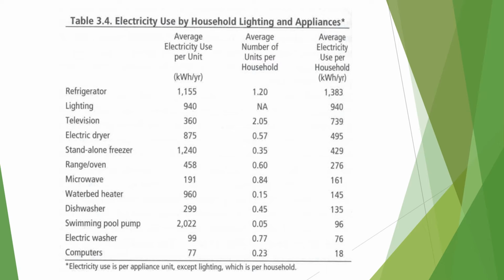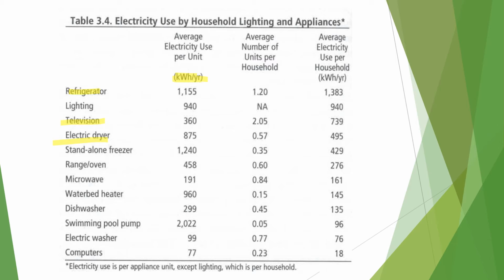Okay, so this is just a table here, guys, showing electricity use by households, with different lighting and appliances. You'll see in the first column it says average electricity use per unit. So we have refrigerator, television, dryer. That's giving you how much electricity use in kilowatt hours per year.